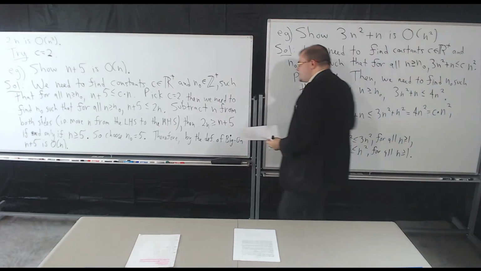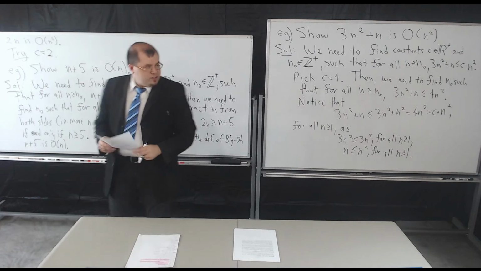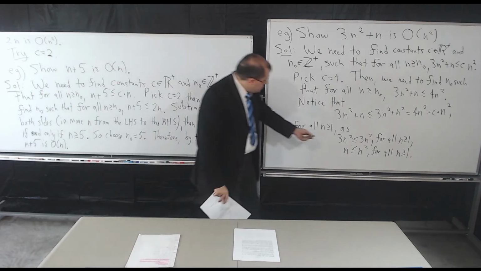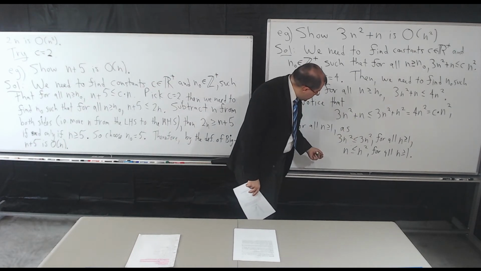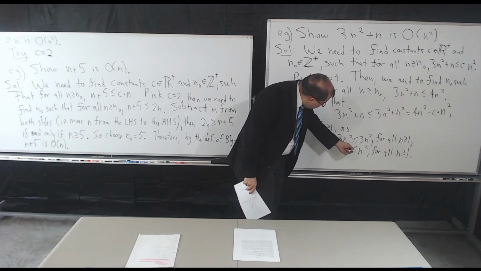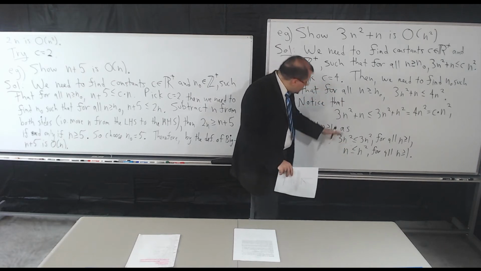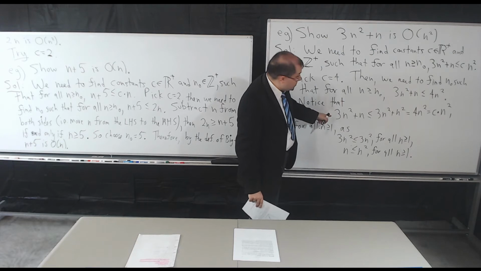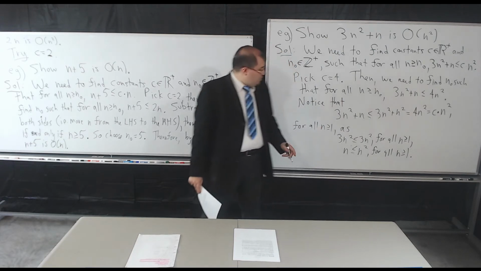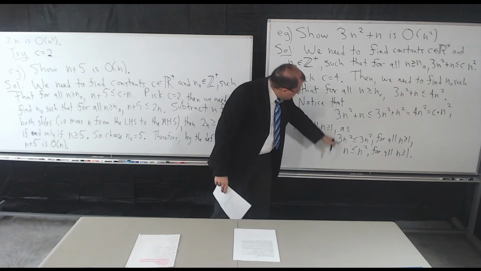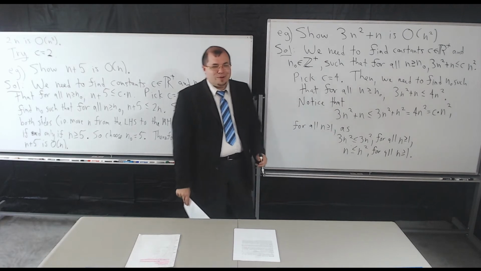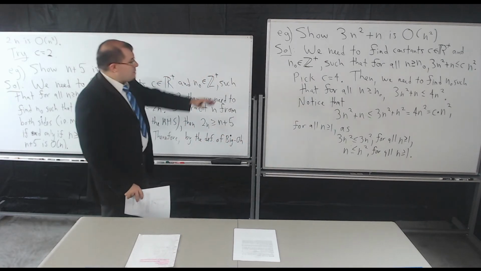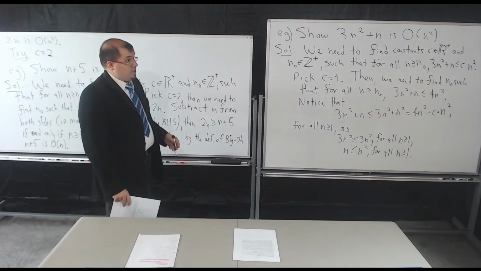So you would agree with me that if I took these two inequalities, 3n squared is less than or equal to 3n squared, and n is less than or equal to n squared, and I sum these two inequalities together, I'll get this one, right? So if this is true here, and this is true there, then it must be true up here as well, okay? So this is my justification for how I can justify what I'm doing.